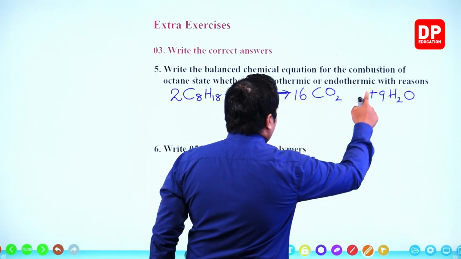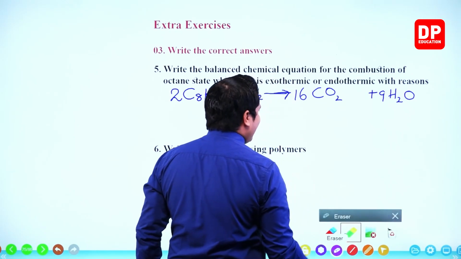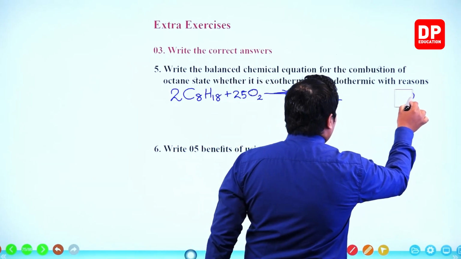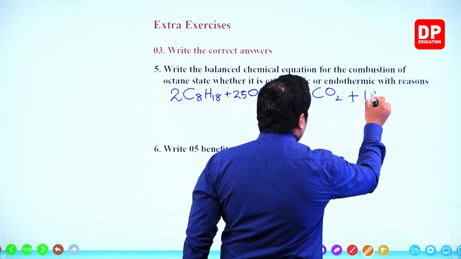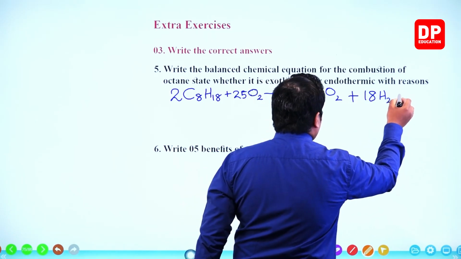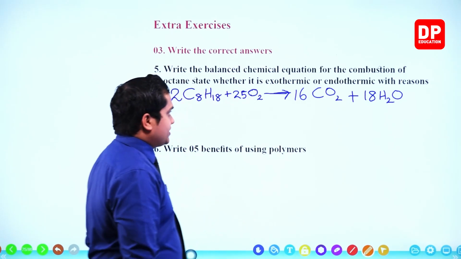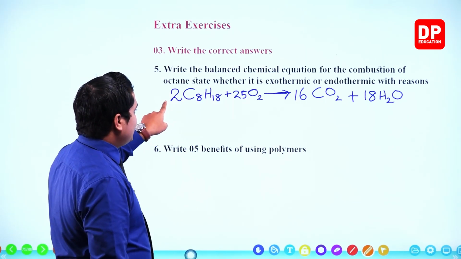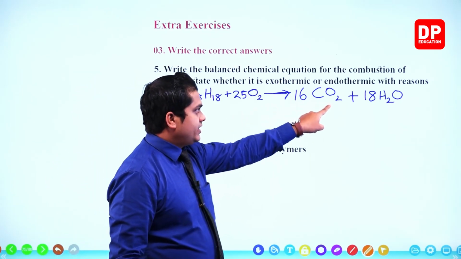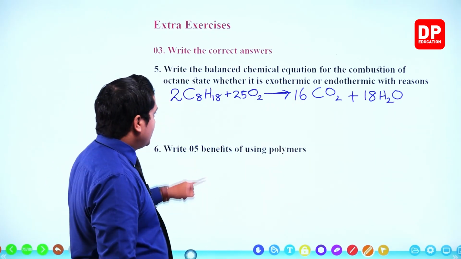Then over here it becomes 9 times 2, 18 H2O. Now let's see whether our equation is correct or wrong. Here carbon 2 times 8, 16. 16 carbon, balanced.